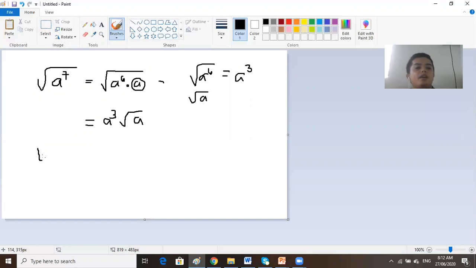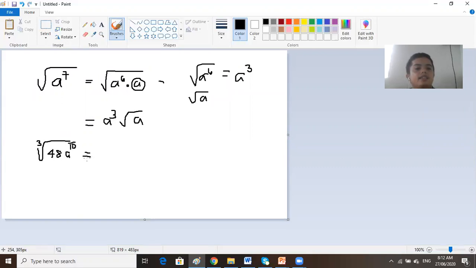So another example, you have the cube root of 48 a sub 10.